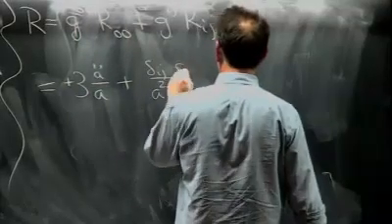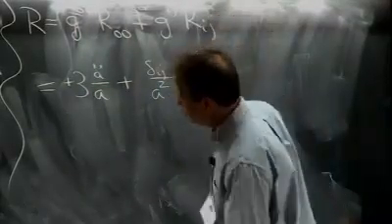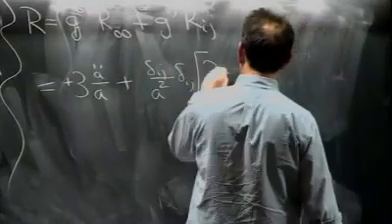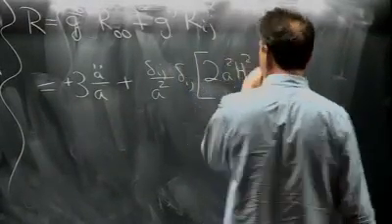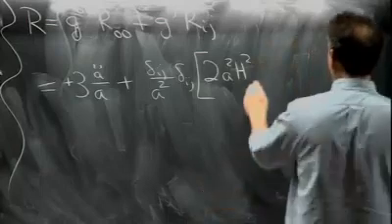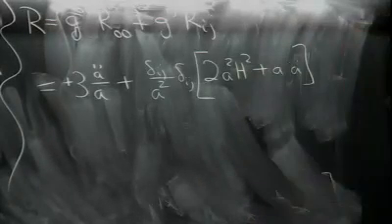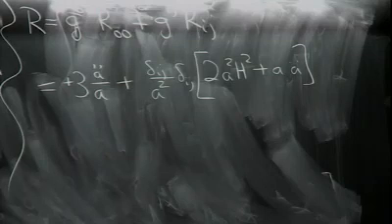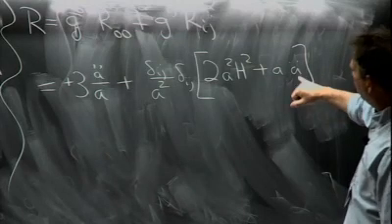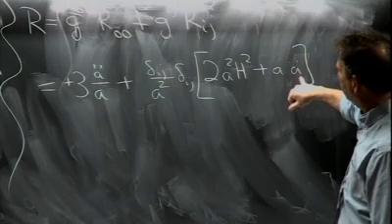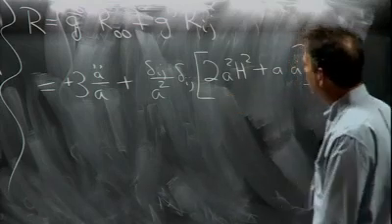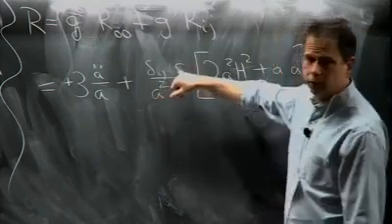So it's got a delta ij times 2a squared h squared plus a double dot. So the a double dot over a thing gives, this contracts to give a 3, right?